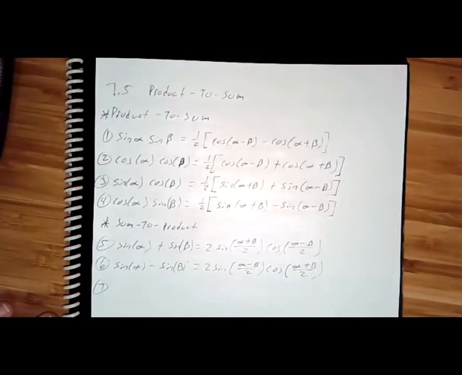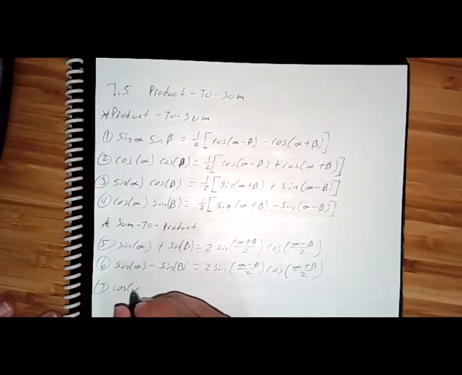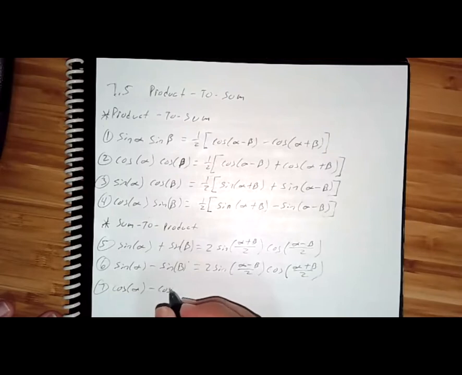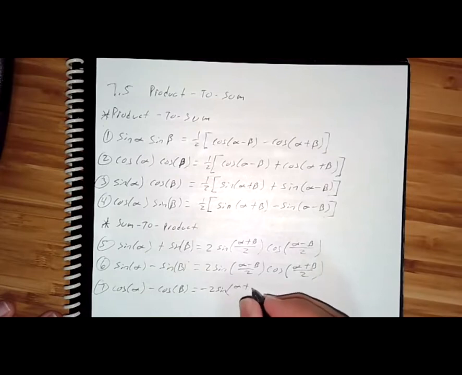All right, almost done. Cosine alpha minus cosine beta is equal to negative 2 sine alpha plus beta over 2 sine of alpha minus beta over 2.